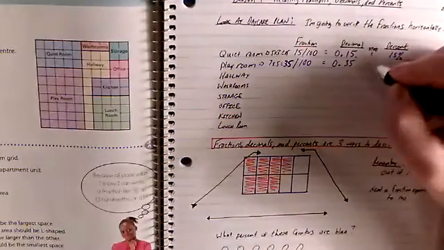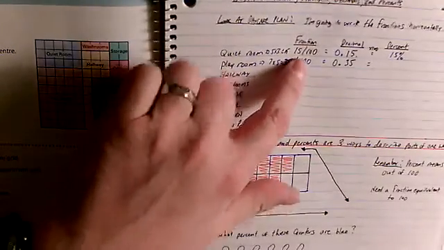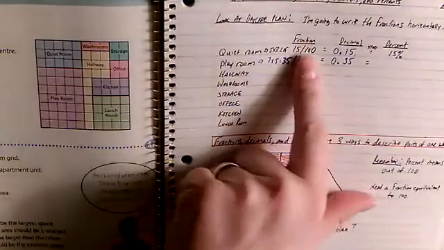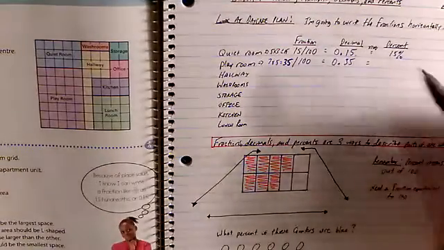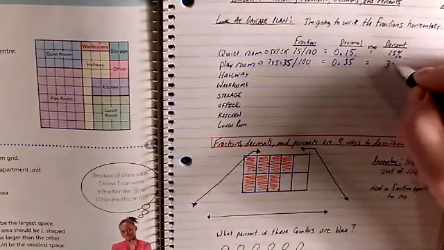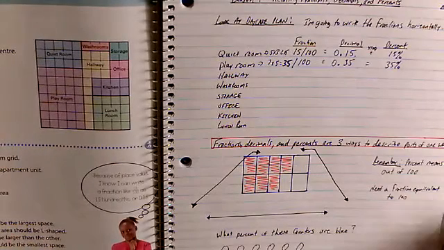Then to get a percent, I move it back 2 decimal places to the right, and I get 35%. So the playroom is taking up 35% of the space.